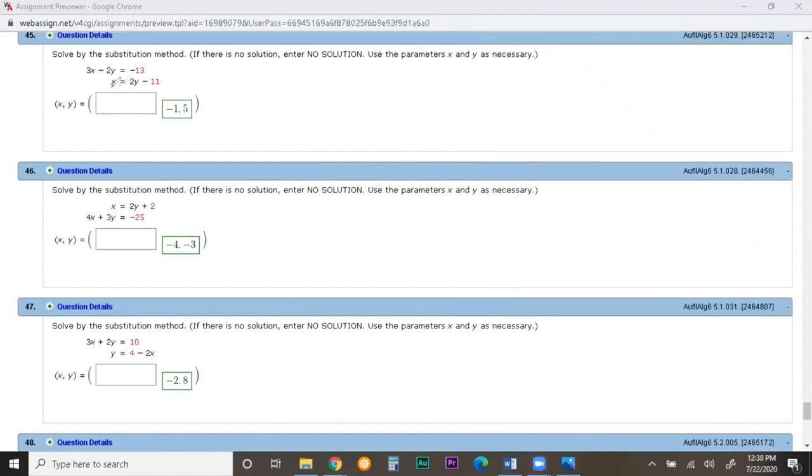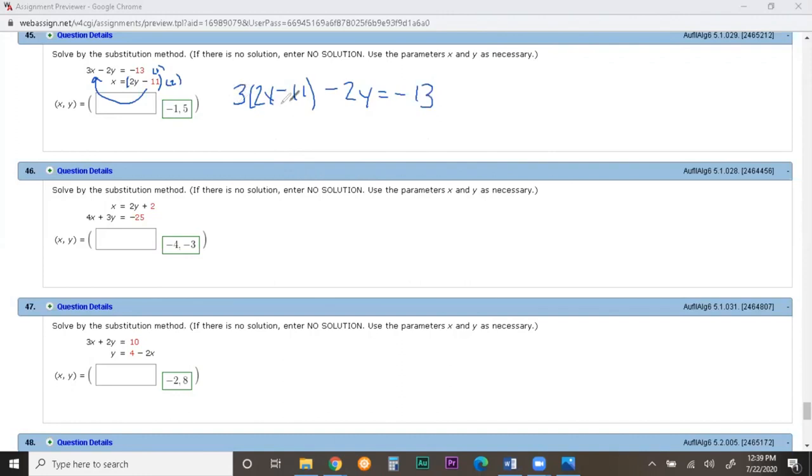So let's look at the first one quickly. We see equation 1 and equation 2. Equation 2 is already solved for x. So we're going to take what x equals, and we're going to plug it in for that x right there. Just like that, okay?